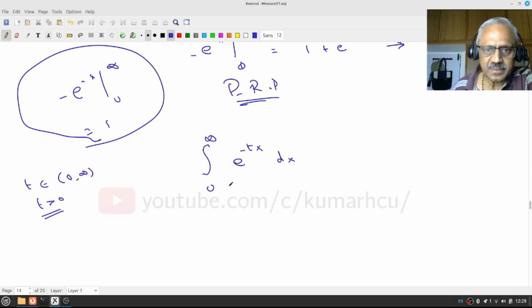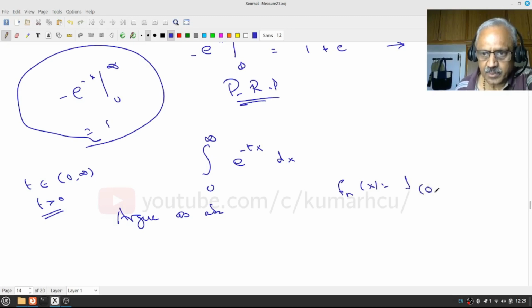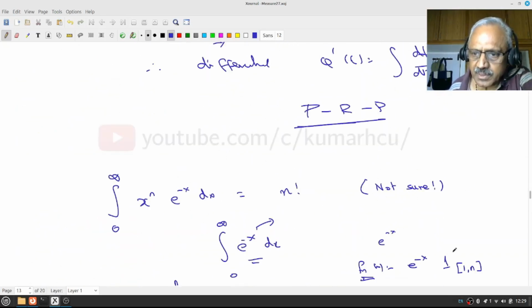Again, by the same logic, argue as above. Then denote f_n(x) to be the indicator function of [0, n] times f(x), where f(x) is f_t(x) if you want, which is e^(-tx). I wrote 1 to n earlier perhaps; this means 0 to n, sorry.